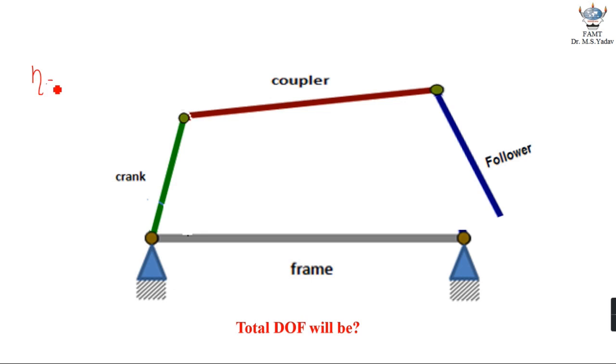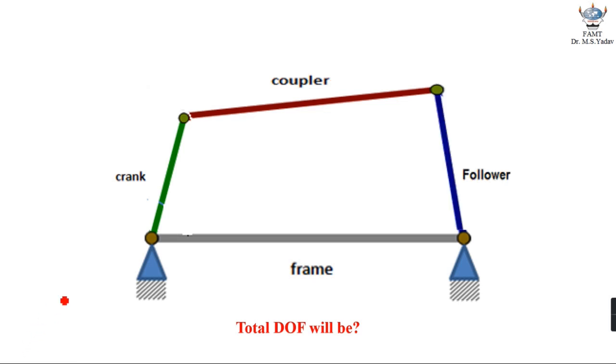So earlier we were having 5 degrees of freedom, and now the coupler has formed a turning pair with the follower, so 2 more degrees of freedom will be lost, and only 3 degrees of freedom will be remaining. So 1 for crank, 1 for coupler and 1 for the follower. So total 3 degrees of freedom are remaining, and at the end let us allow the follower to form a turning pair with the frame.